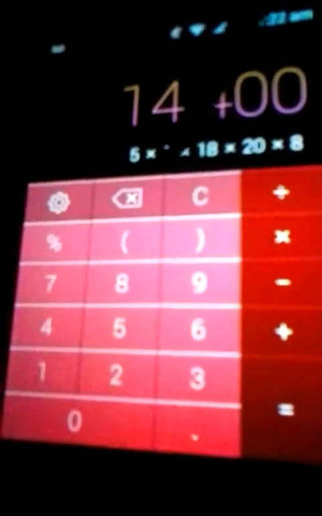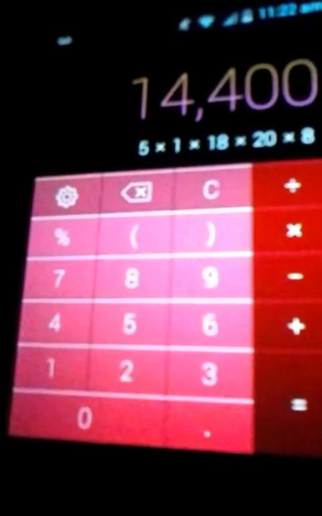And then multiply the 8. Clearly, the word earth shows the 14,400, which is about to 144,000.